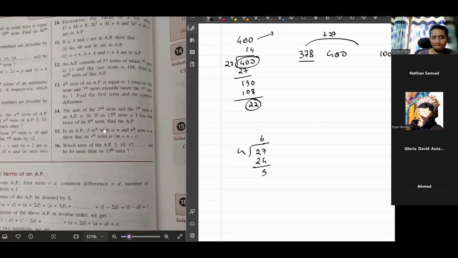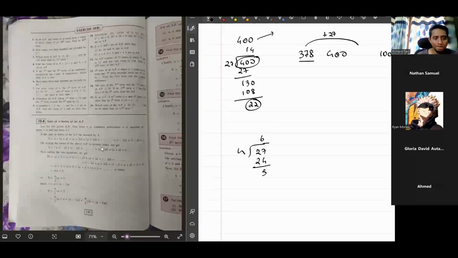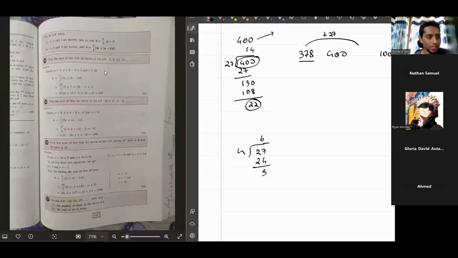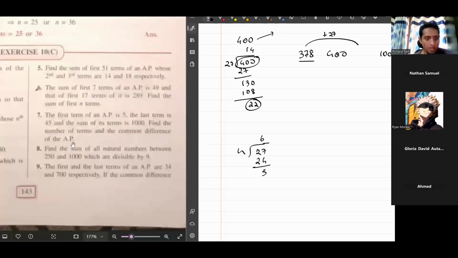Anything else? You understood the questions where you have to make equations, right? The sum of the first 7 terms of an AP is 49 and the sum of the first 17 terms of it is 289. Find the sum of the first n terms. So here we use the sum formula, right?